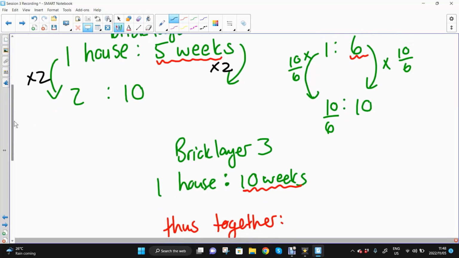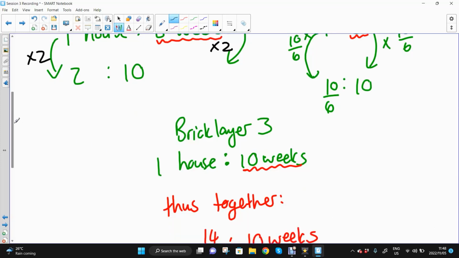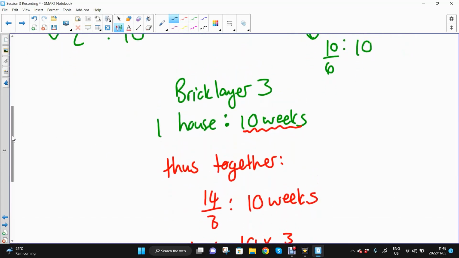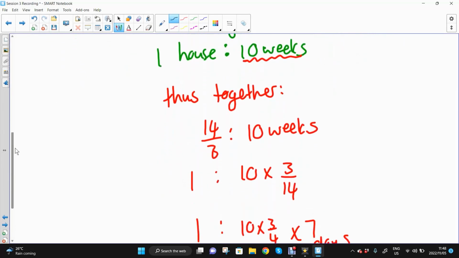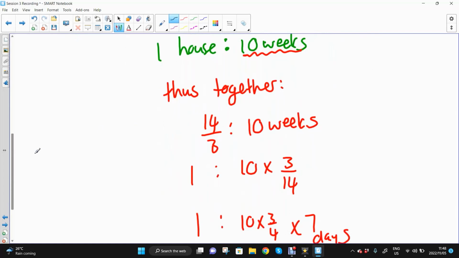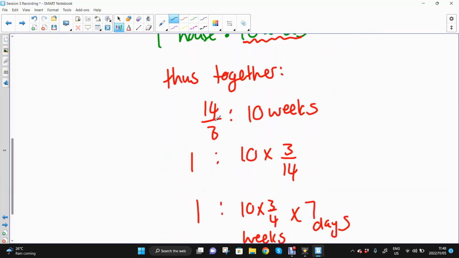Now I need to add all of these houses together. So in 10 weeks, if all of them work together, we've got 2 plus 1 plus 10 over 6. You're actually not allowed to use a calculator, so you can work that out on the side, and you get 14 over 3 in 10 weeks' time.